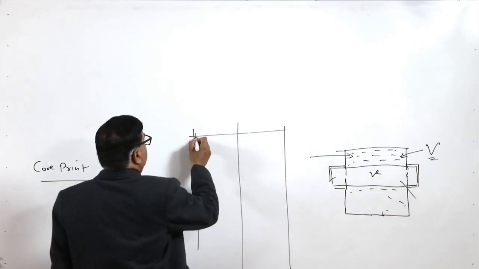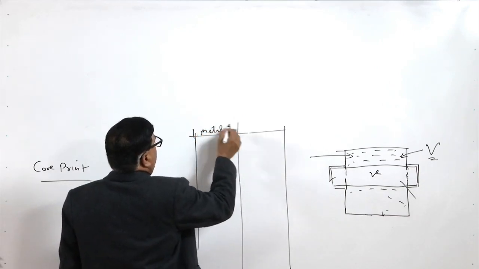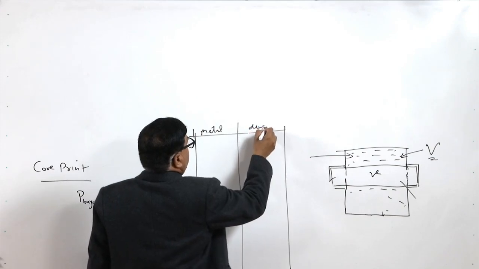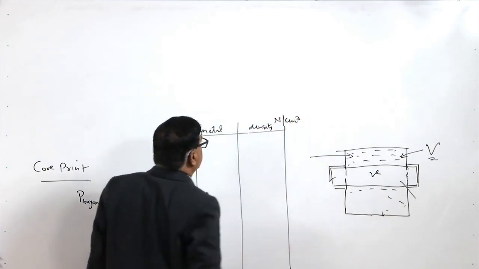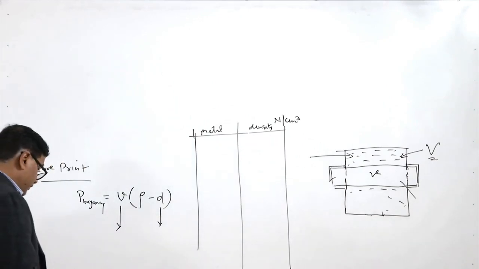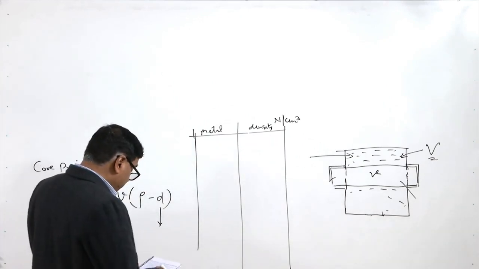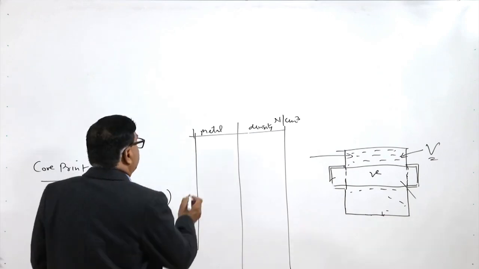Considering the metal and its density in Newton per centimeter cube, I will write the density of the common metals which are processed.